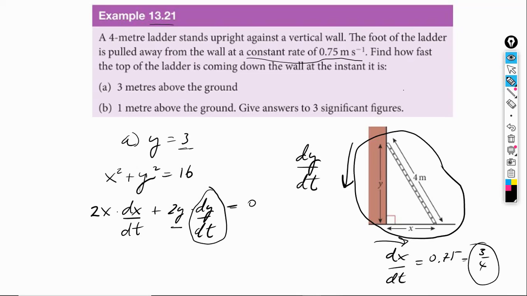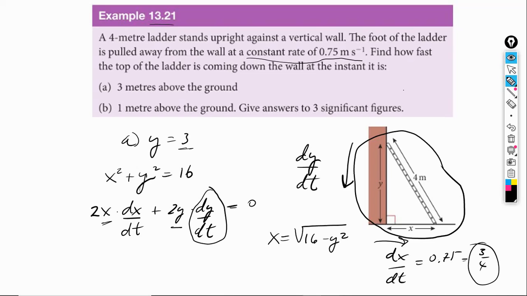X, we don't know, but we can put x in terms of y, right? Because x is the same as the square root of 16 minus y squared. So let's think of x as the square root of 16 minus y squared.